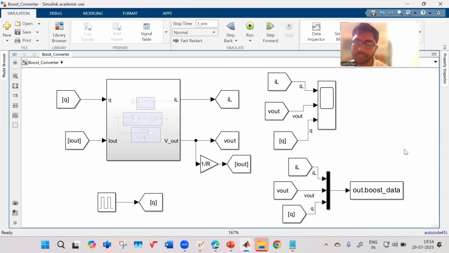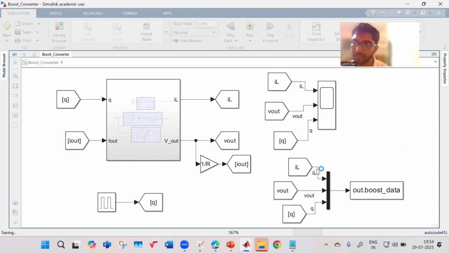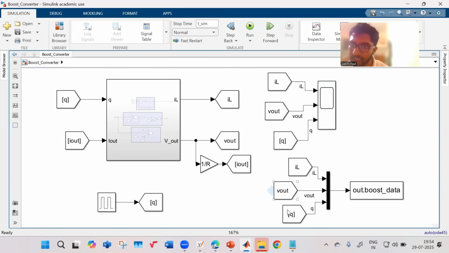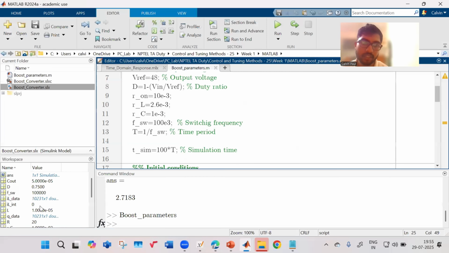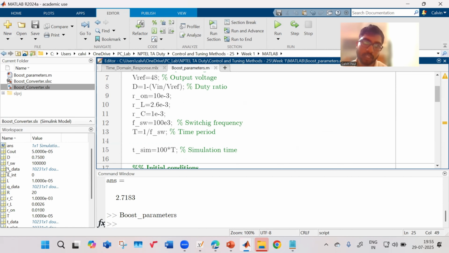And then what happens is when I run this simulation, all this data is transferred to the workspace. Now, what is the workspace? This part is known as your workspace, where all your variables, all that data is stored. Let us say your output capacitor, your duty, your switching frequency, all that is stored over here.